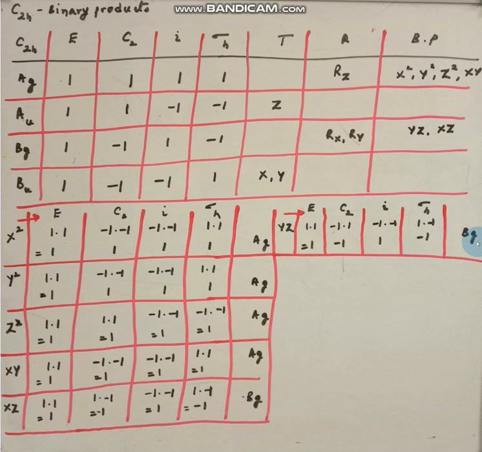This corresponds to the binary products of the C2h point group, that is tabulated: Ag corresponds to x square, y square, z square, xy, and Bg corresponds to yz and xz.